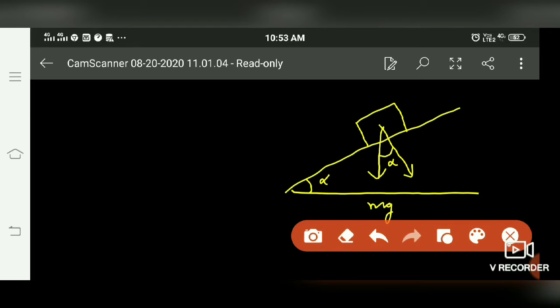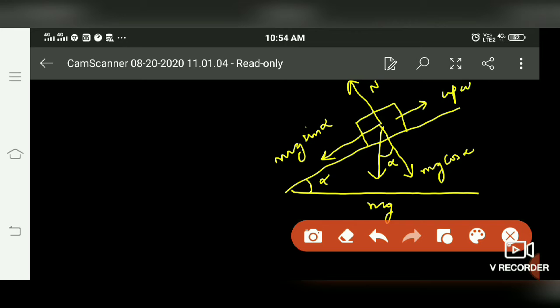So we get two components of the weight: this is mg cos alpha and this is mg sin alpha, and this is the normal reaction. And as the body has to move upward, friction will also act in downward direction.